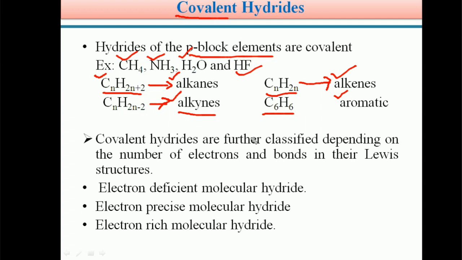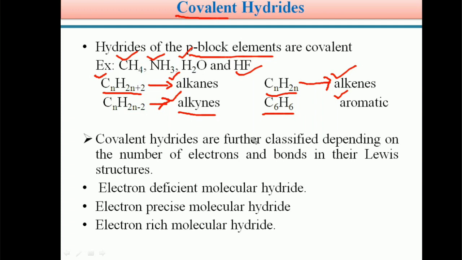For now, remember that these alkanes, alkenes, alkynes and aromatic hydrocarbons are examples of covalent hydrides. The name itself denotes that there is a covalent bond between the atom and hydrogen.